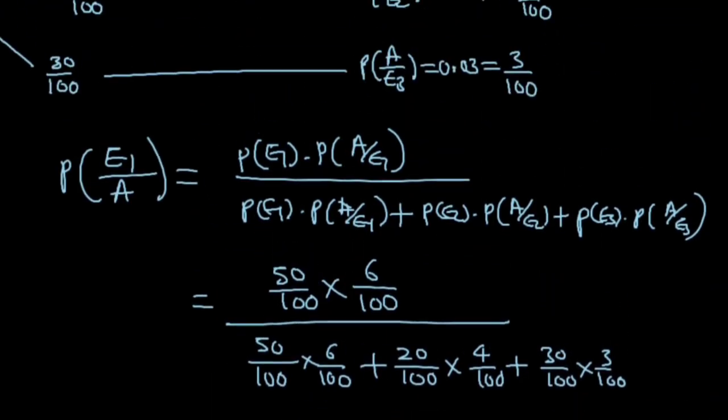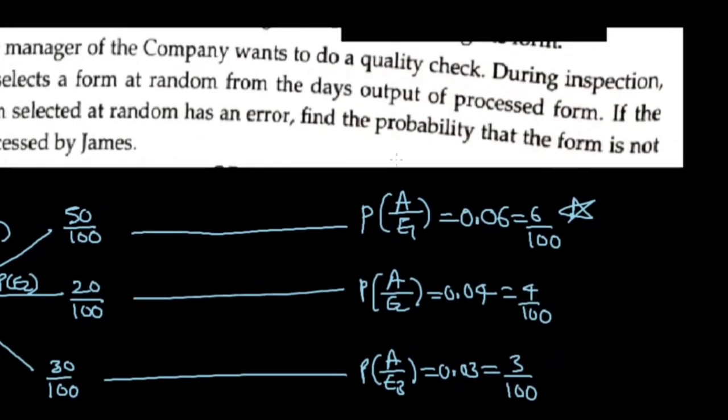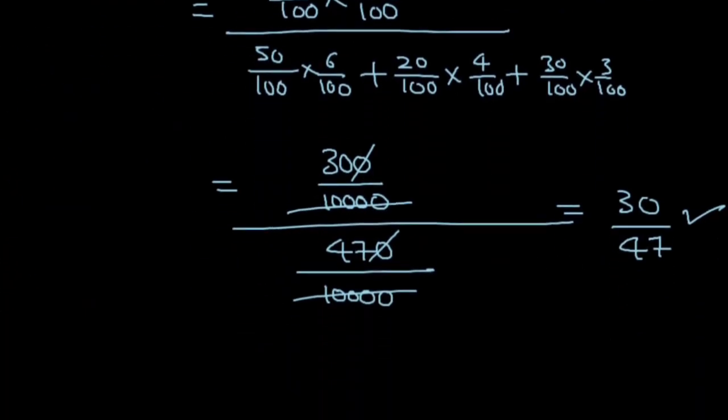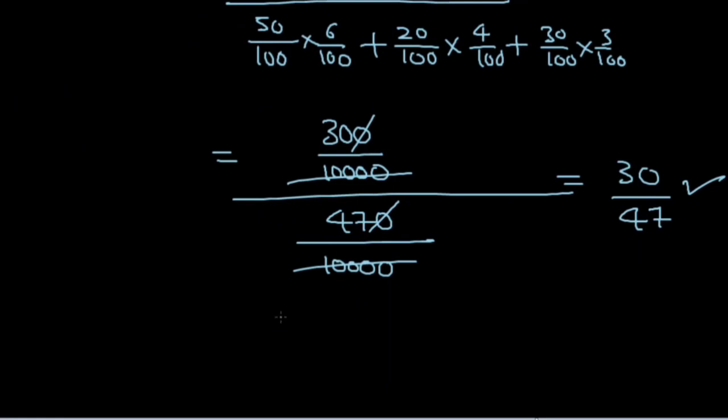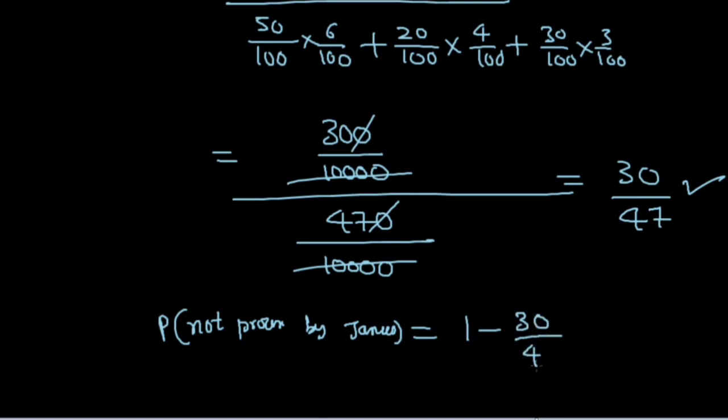In the question he asked, find the probability that the form is not processed by James. We found processed by James, so not processed by James is 1 minus 30 by 47.